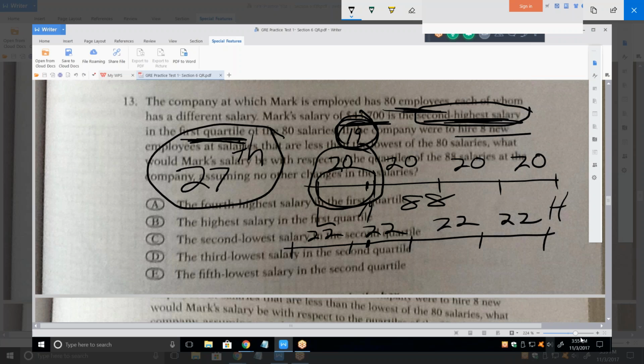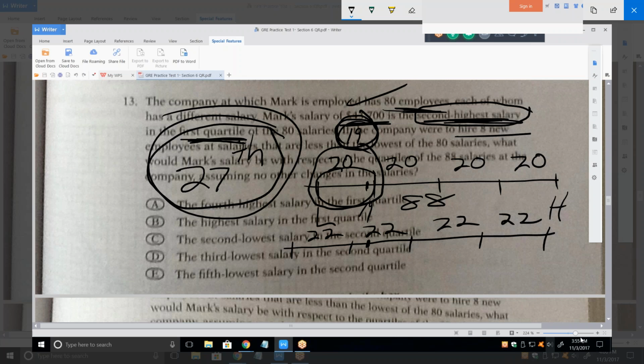He's the 27th because there are 8 lower than he is. Exactly, and he started out in the 19th. So add 8, and that makes 27. Because everybody they added had a lower salary than him. So he went from being the 19th lowest to the 27th lowest.